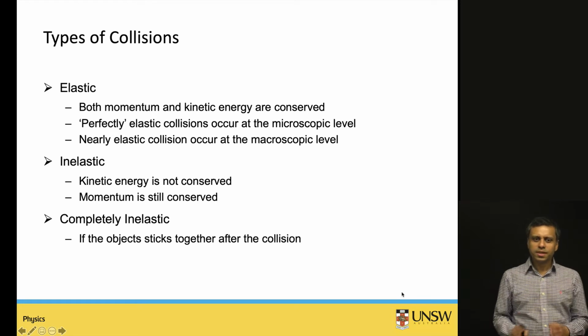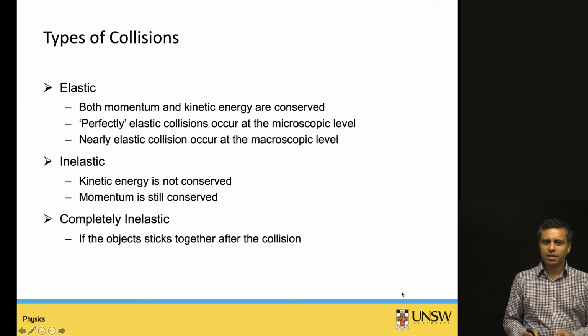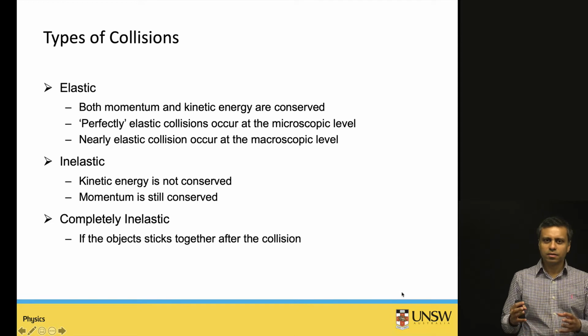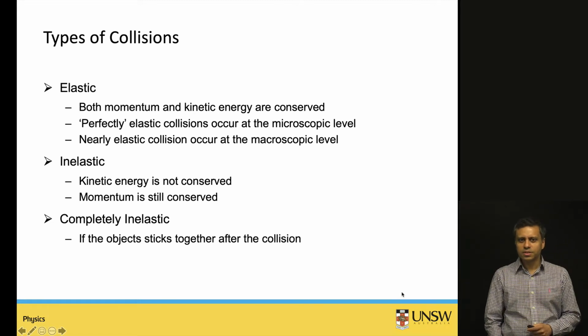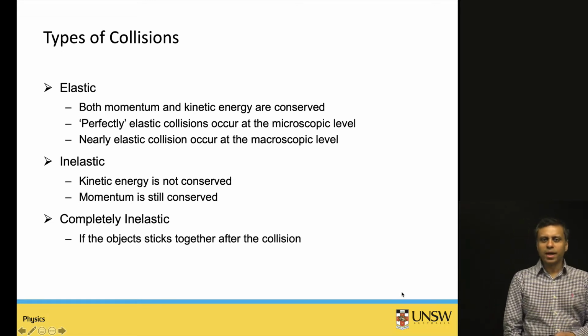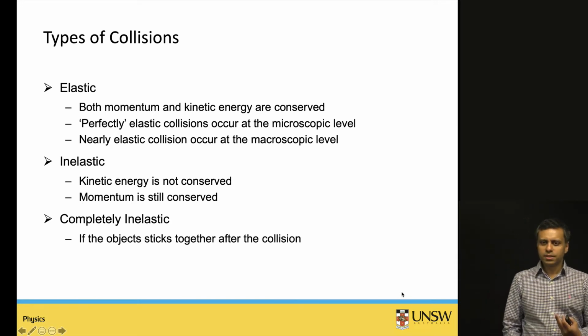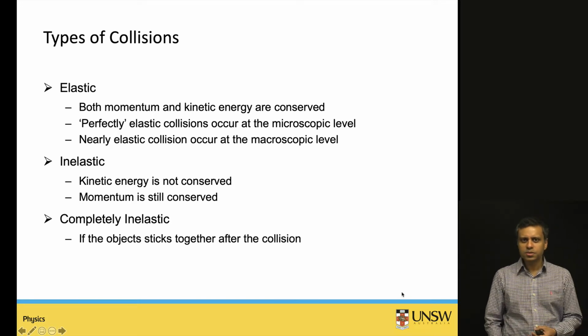So between the two instances of time, if you evaluate the initial kinetic energy and the final kinetic energy, you will find that they are equal. So there is no kinetic energy loss in the total system. And usually perfectly elastic collisions where kinetic energy is also conserved happen at the microscopic level. For example, electrons, which are subatomic particles, colliding with each other.